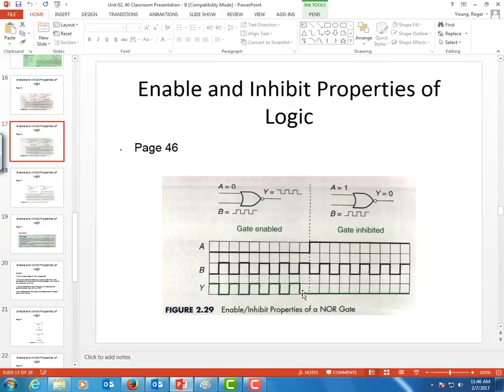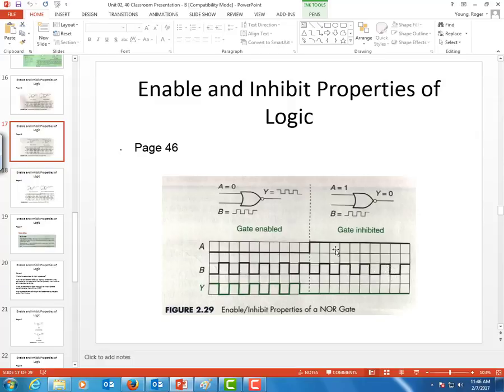It's out of phase, isn't it? Because when B is high, the output is low. But you know what? This is enabled. It's not inhibited because it's allowing the signal to pass through. What about over here? This is inhibited, right? Because when A is equal to 1, the signal will not pass through. The output will always be low regardless of what B is, and that's your signal.